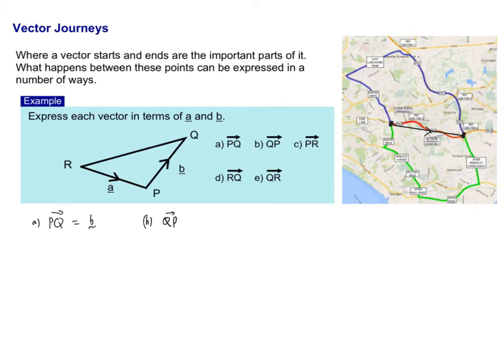How can we describe that journey? Well, going from Q to P, we're going along vector B, but we're going against the direction of travel. So what we're doing here is we are going backwards through B, and we represent that with a negative B. So we're travelling along the vector B, but we're going in the opposite direction from what it's pointing in.